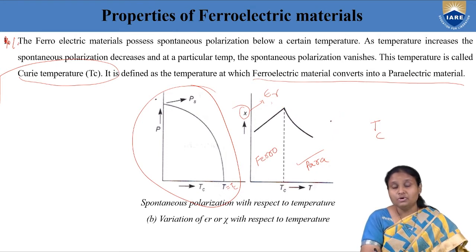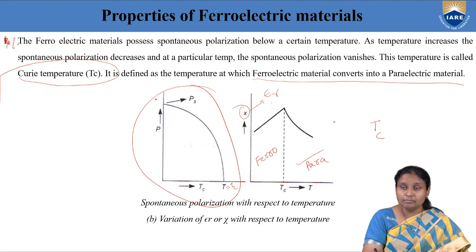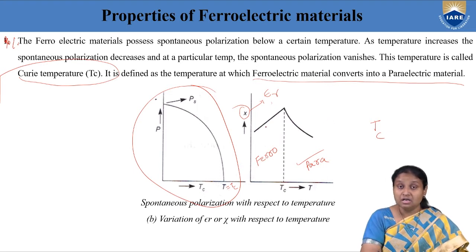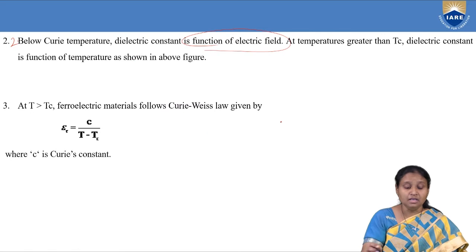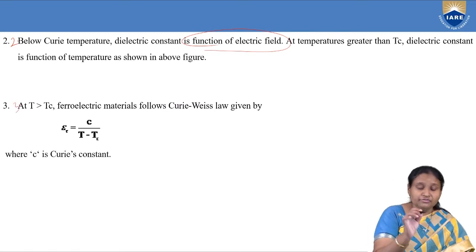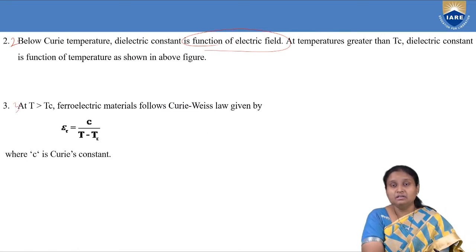So to differentiate between ferroelectric and paraelectric: in the ferroelectric state, with increase of temperature the dielectric constant is increasing, whereas in the paraelectric state, with increase of temperature the dielectric constant is decreasing. And at Tc there is a transition from ferro to para, and at this particular temperature we have the maximum dielectric constant.